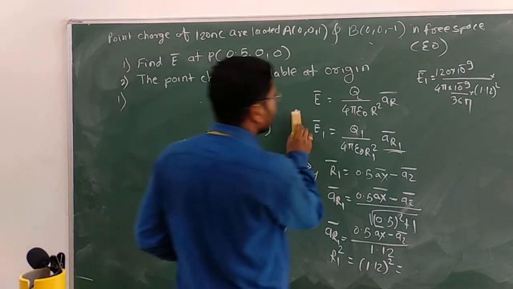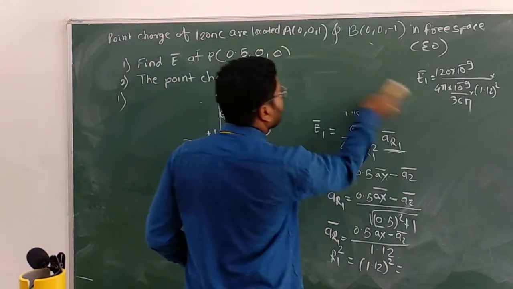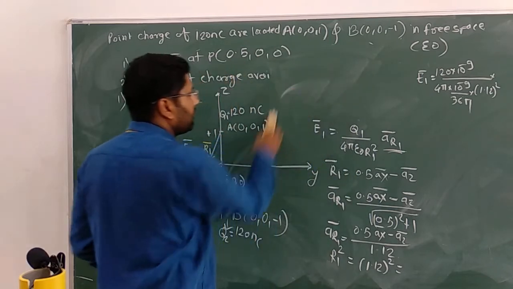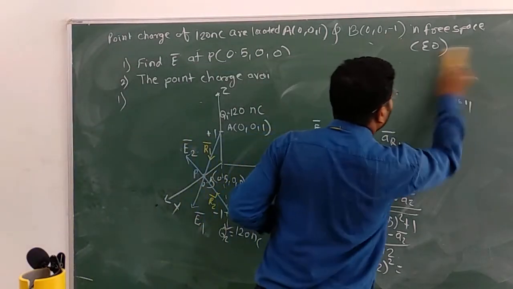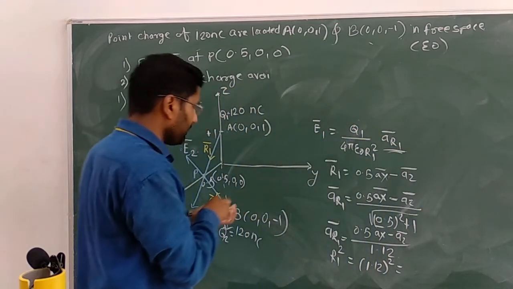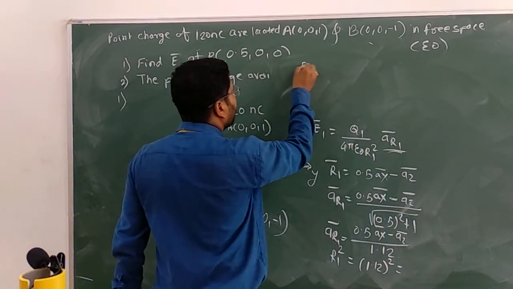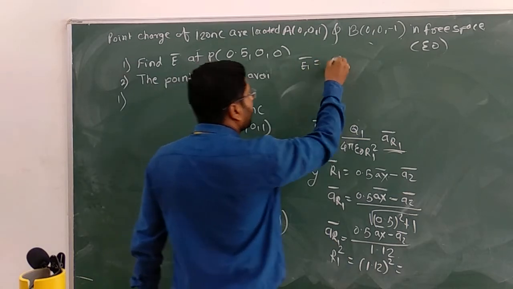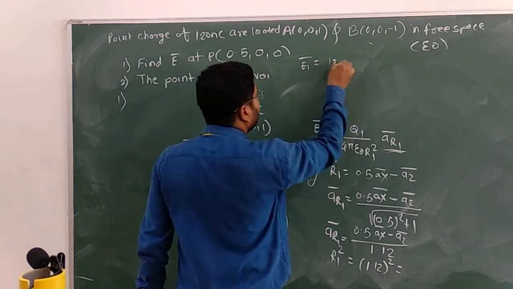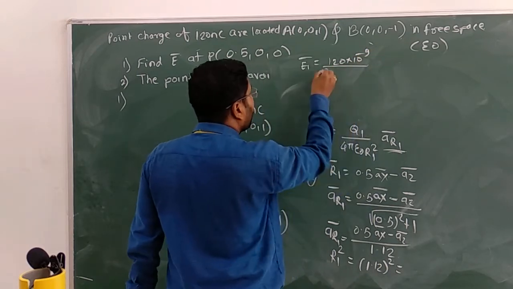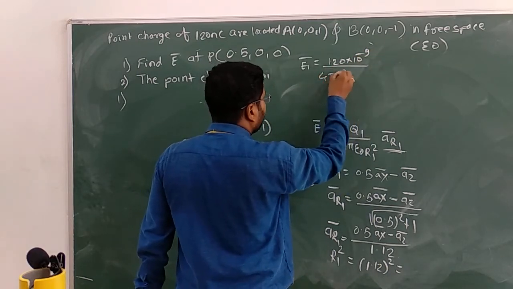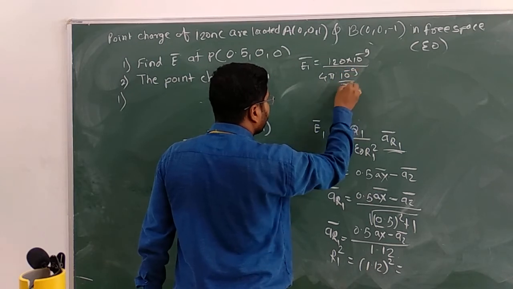Now I will erase this. I am writing here E1 bar is equal to Q1, which is 120 into 10 raised to minus 9, divided by 4 pi into 10 raised to minus 9 divided by 36 pi.